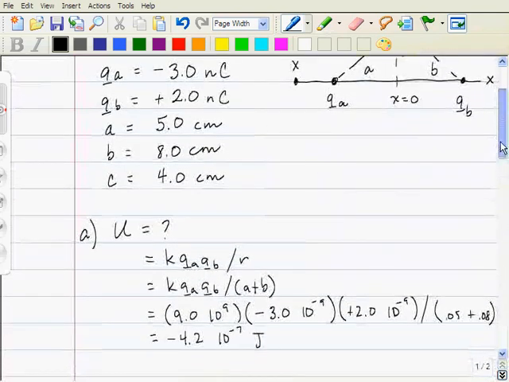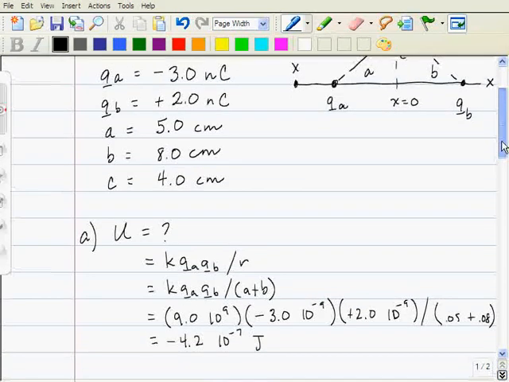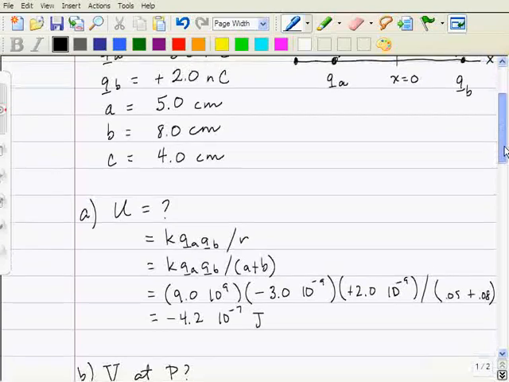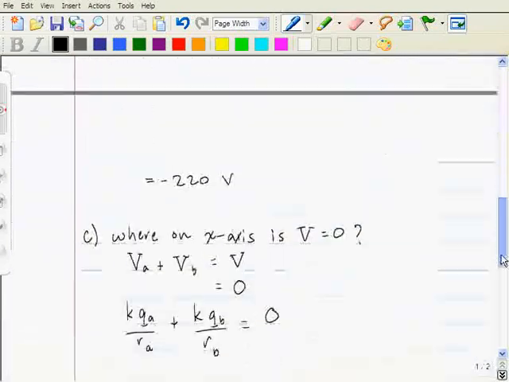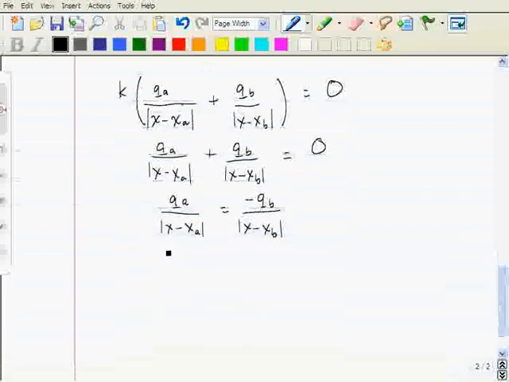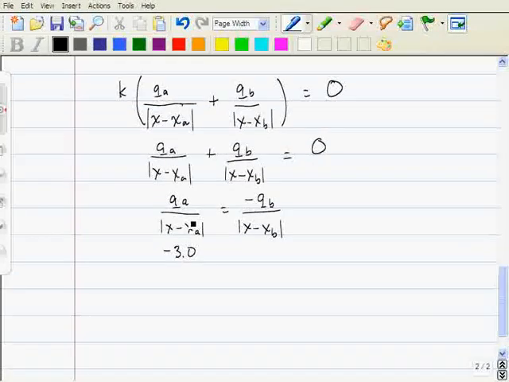We'll just remember here that Q sub A is -3, Q sub B is +2, x sub A is 5, and x sub B is 8. So Q sub A is -3. Now, these are nanocoulombs, but I don't really need to worry about that because I have nanocoulombs on both sides of the equation, and so it will cancel out.